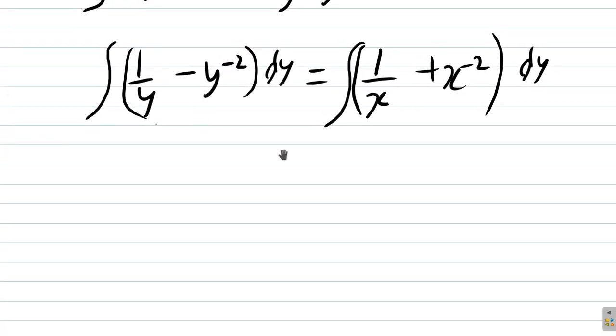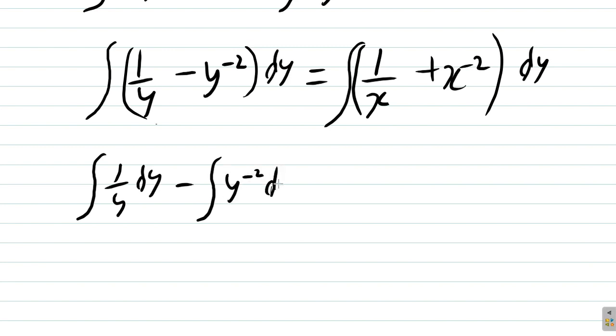Now, remember here, we can integrate the 1 over y minus y to the negative 2 all at once. But we could also open the bracket and integrate them separately. You should remember that, but let's go ahead with it. This is the integral of 1 over y dy minus the integral of y to the negative 2 dy equals, let's do the same thing here, the integral of 1 over x dx.